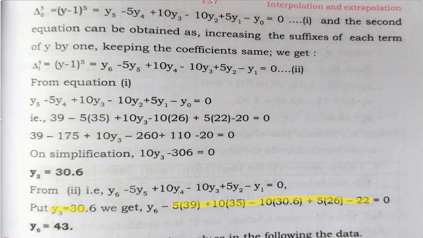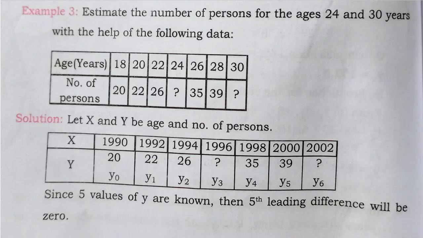Okay, what they asked was to identify the unknown values. This is the y3 value and the y6 value, and we have found both here. So the y3 value is 30.6.